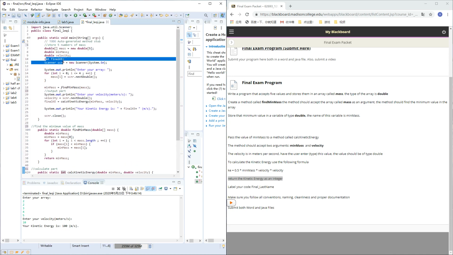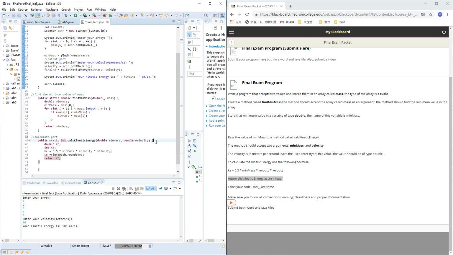It's the final kinetic energy, based on this program right here. When we return it, it comes up here, and then it can output, like it said, your kinetic energy is this number and meters per second, and then we have scanner closed. Then the program is done.